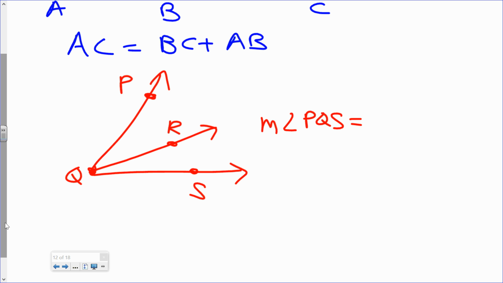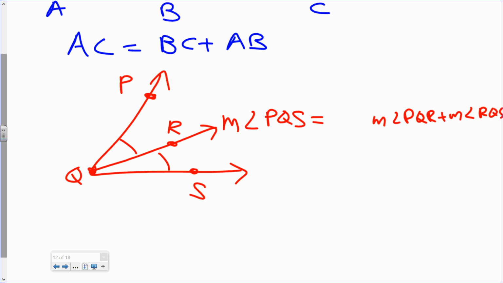So PQS is the big one, equal to this small one plus this other small one. You with me, Rodriguez? So the measure of angle PQS is equal to the measure of angle PQR plus the measure of angle RQS. Nice. There it is. That's the angle addition postulate.